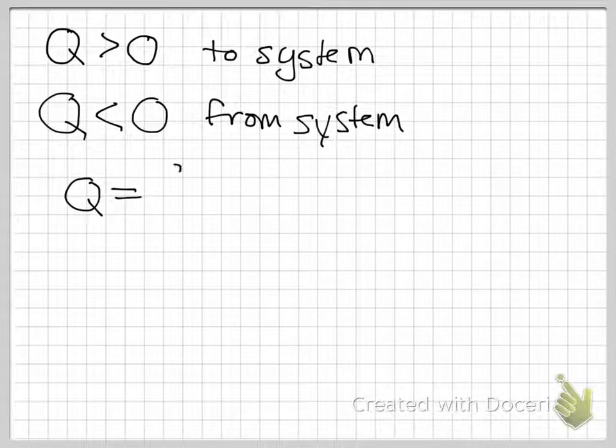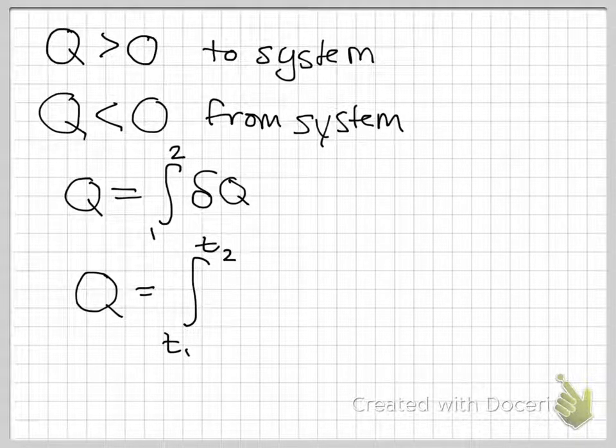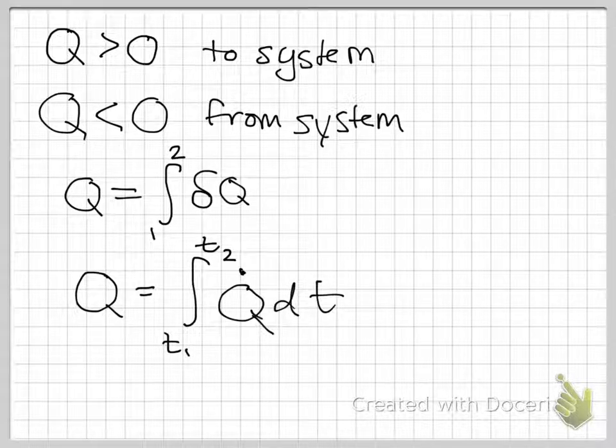First, we consider Q, the amount of energy transferred, as the integral from state 1 to state 2 of delta Q. We can also consider that Q is the integral across a time interval from T1 to T2 of Q dot, which is the rate of heat transfer, dt.